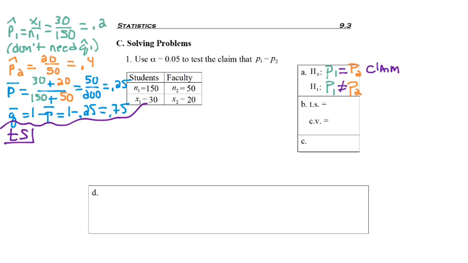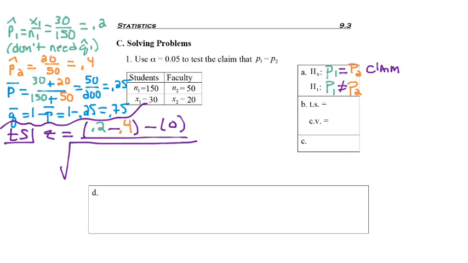Now we have everything we need to find the test statistic. Z equals, well, we start with P hat 1, which we found to be 0.2, minus P hat 2, which we found to be 0.4, and then we subtract P1 minus P2, but remember that's always going to be 0, divided by the square root of, and the formula says P bar times Q bar, so 0.25 times 0.75, and this goes over N1, and remember N1 is 150, plus, and again, it's P bar times Q bar, all over N2, which was 50.